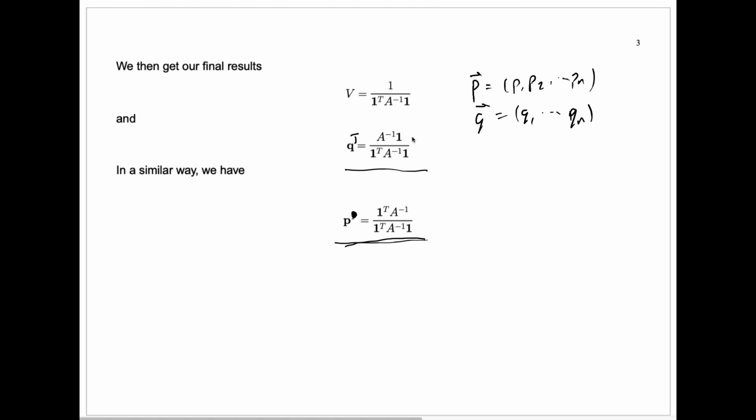And you can see this formula will give you a column vector. A inverse times the column vector 1 will be a column vector, and this denominator is just a constant. And similarly, 1 transpose times A inverse will give you a row vector, and you're just dividing it by a constant there.